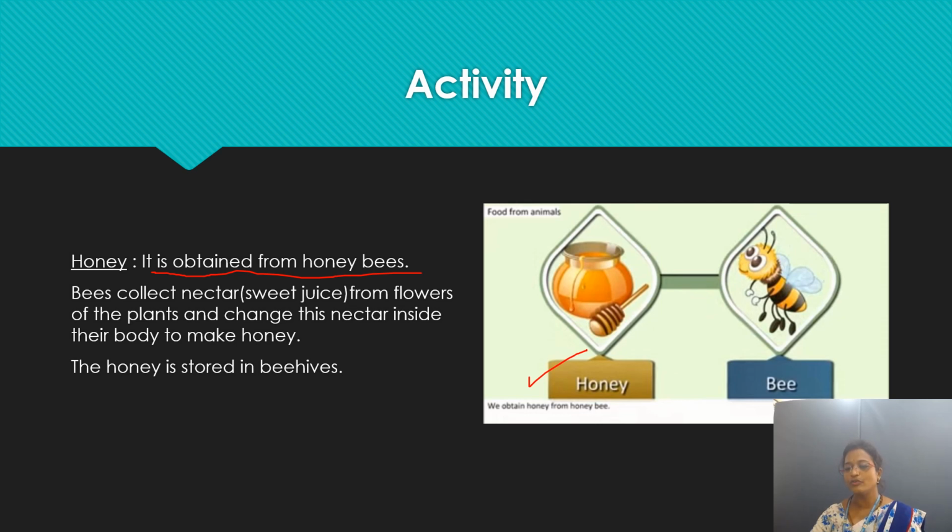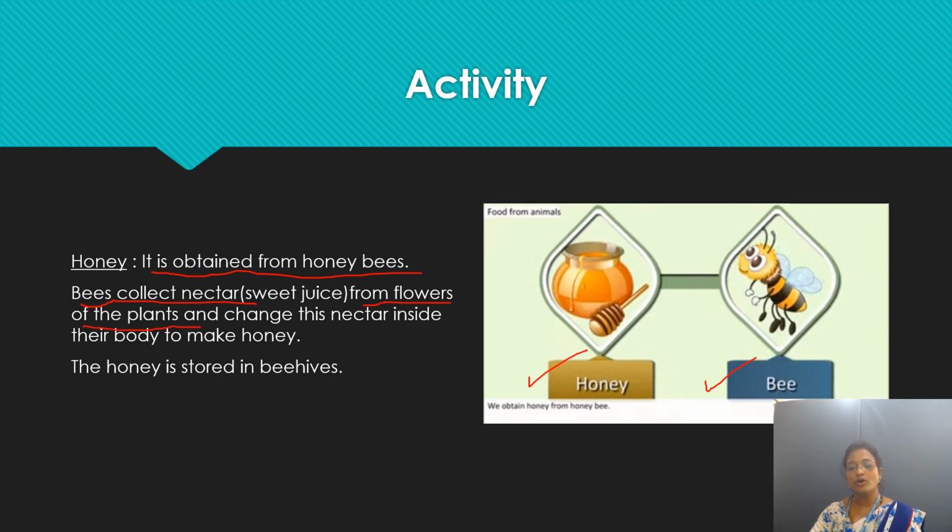So from where do we get honey? From bees. How we get it, we will see. Bees collect nectar from the flowers of the plants.